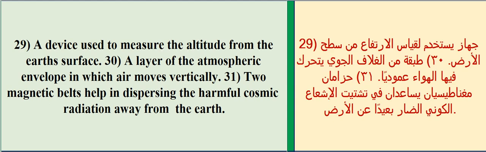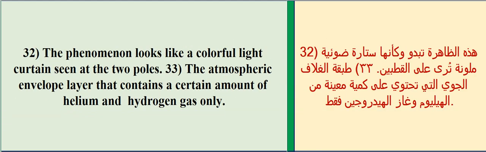A layer of the atmospheric envelope in which air moves vertically. 31. Two magnetic belts help in dispersing the harmful cosmic radiation away from the Earth. 32. The phenomenon looks like a colorful light curtain seen at the two poles.